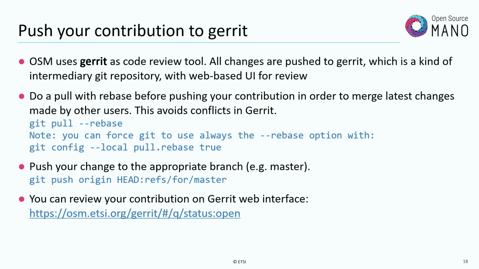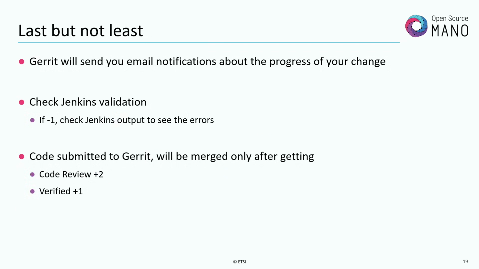You can follow the link, osm.etsi.org/gerrit, status open, and our contribution will be in that user interface. After we send our contribution, Gerrit will send an email notification regarding the change. The notification will be sent to the owner, the reviewers, if we had any reviewer, and the people who follow the project.